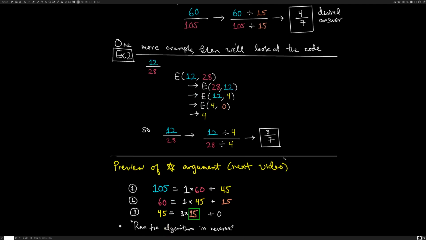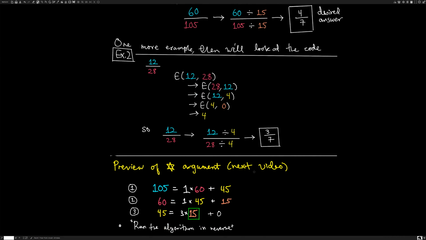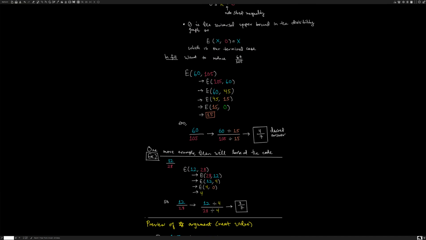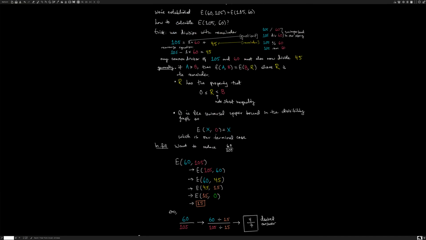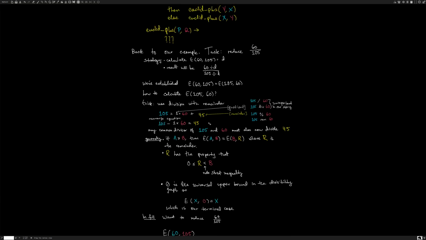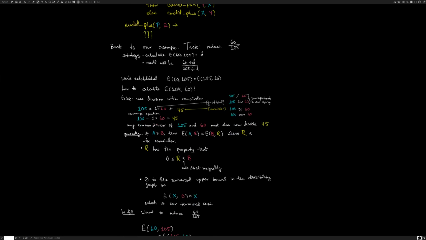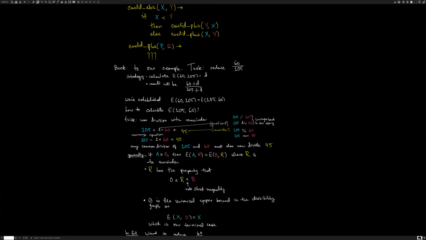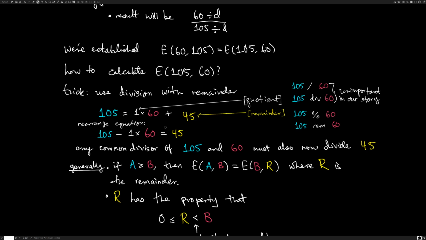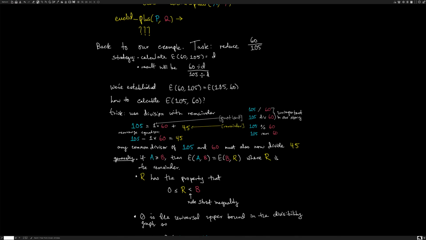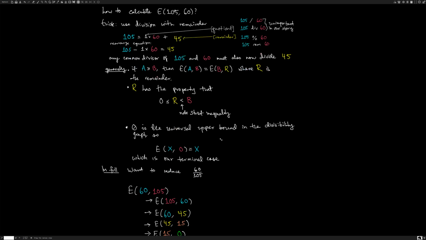Okay, let me give you a preview of the star argument, which is the idea that any common divisor of two numbers must divide their Euclid number. First of all, it's clear from the way that we've set this up that the Euclid number of A and B is a common divisor.